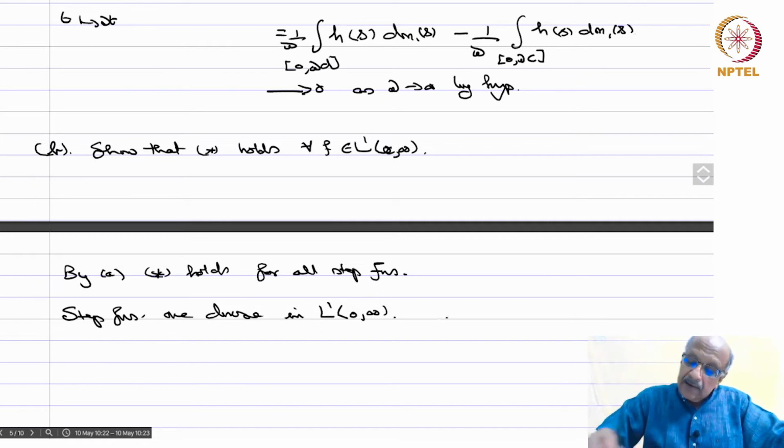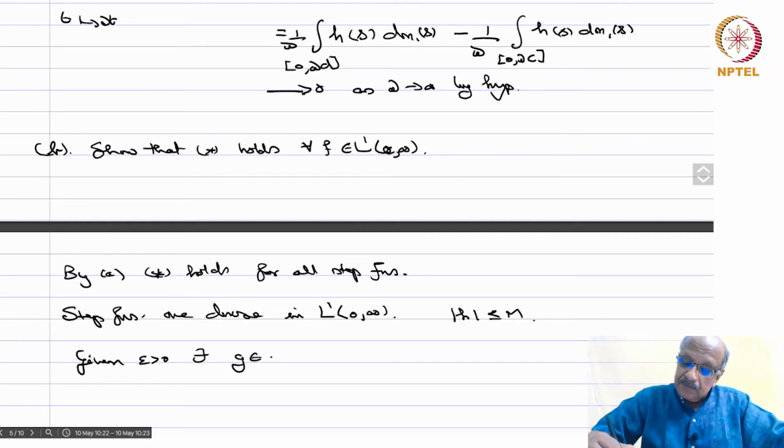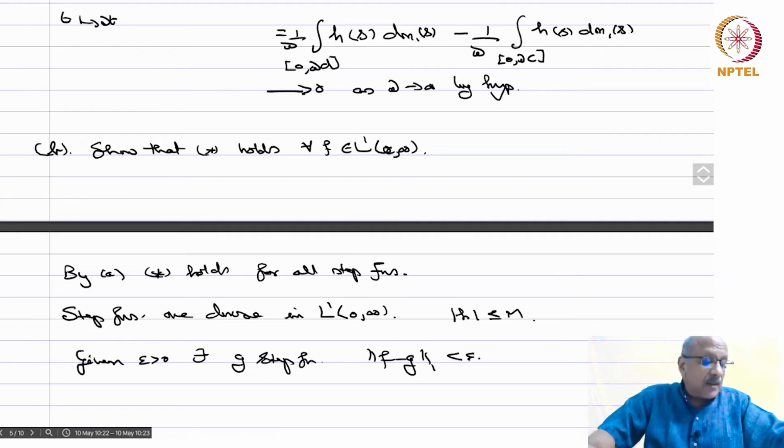Okay, and let us assume that mod h is less than or equal to M, which is because it's a bounded function. Okay, so given epsilon positive, there exists a g, a step function, with norm of f minus g in L1 less than epsilon.